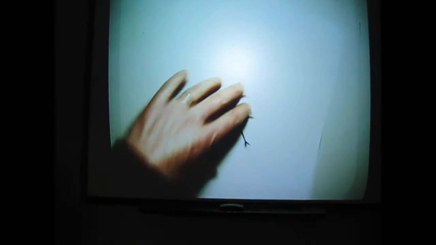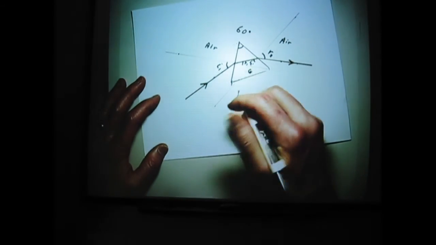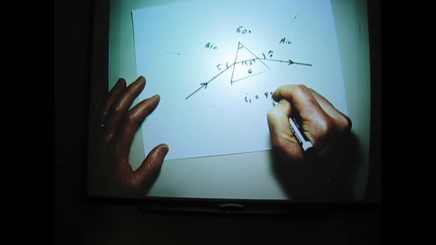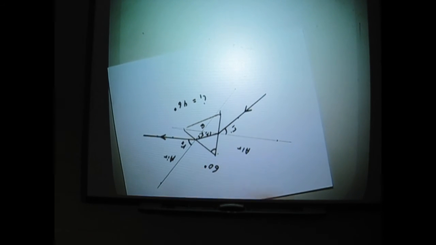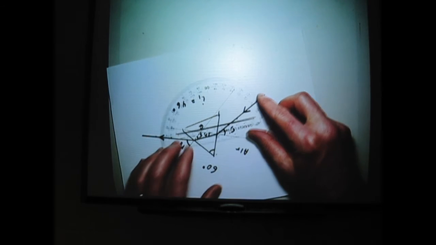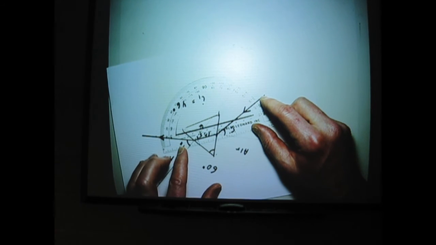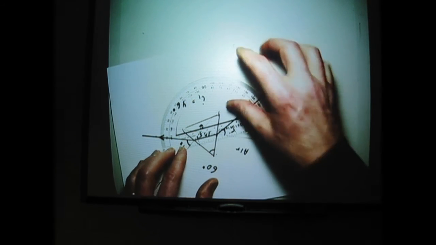So I1 is going to be 46. For R1, maybe 22 degrees.